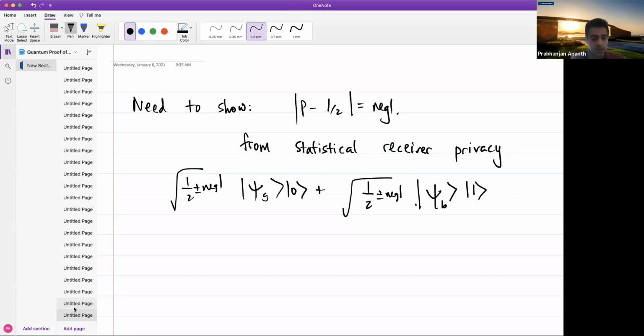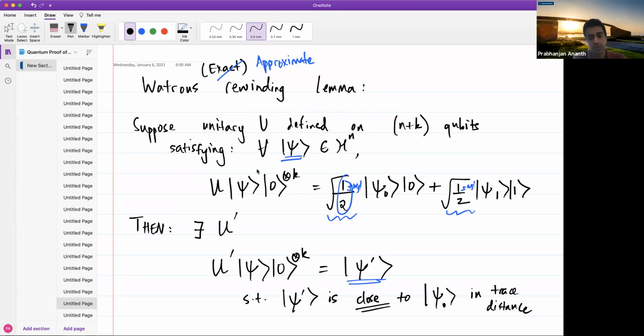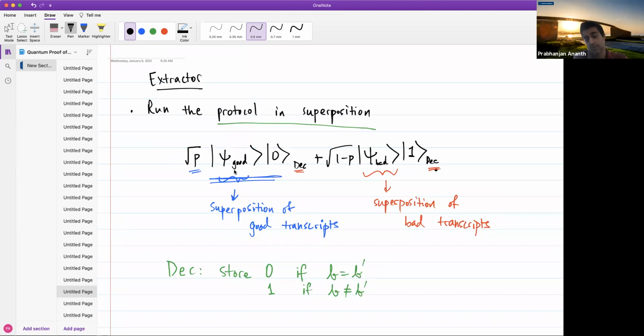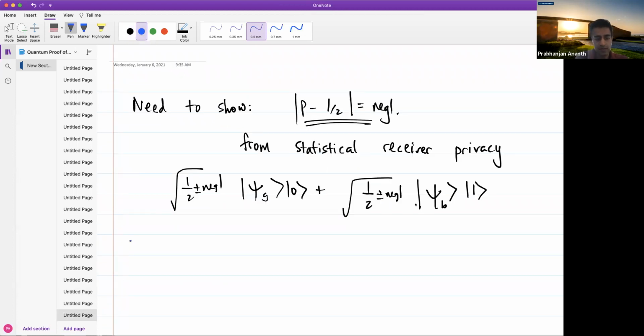Okay, so great. We showed this, which means that we can actually apply Watrous rewinding, right? And get something that is close to psi 0. But psi 0 is going to be close to, is nothing but, psi good. So we get the following.